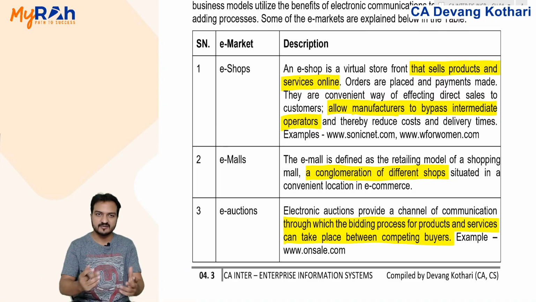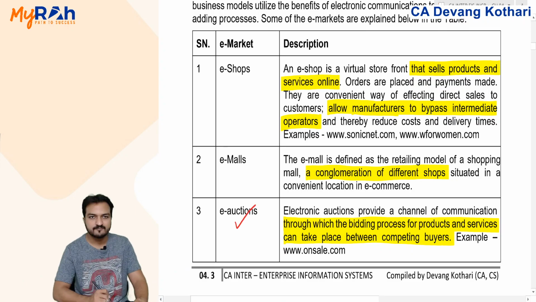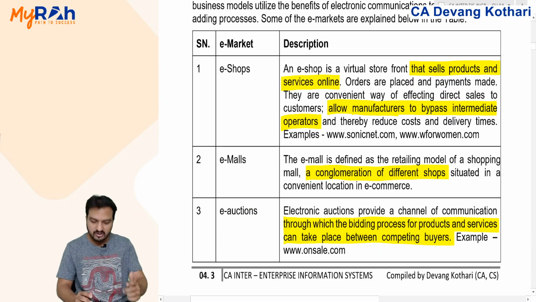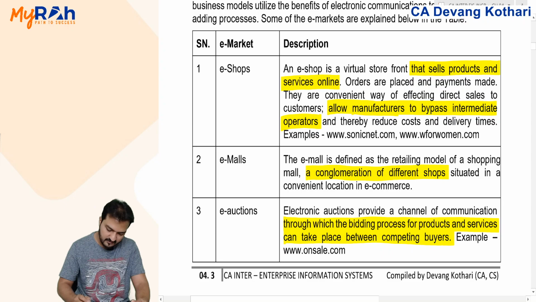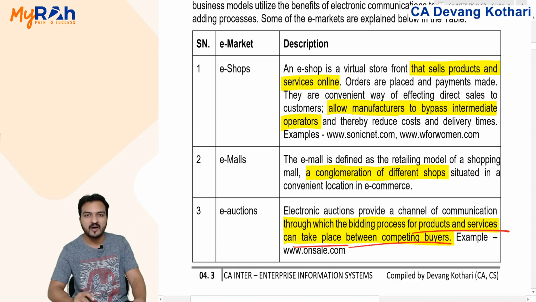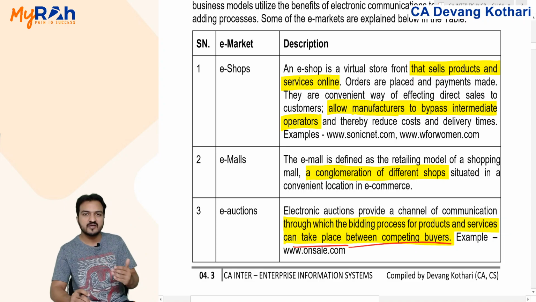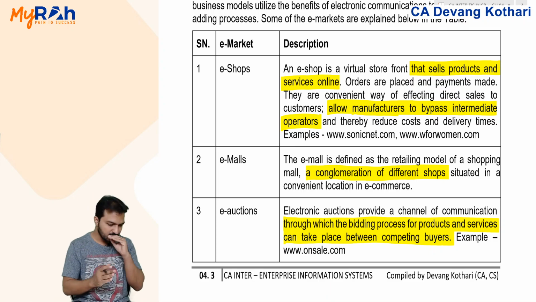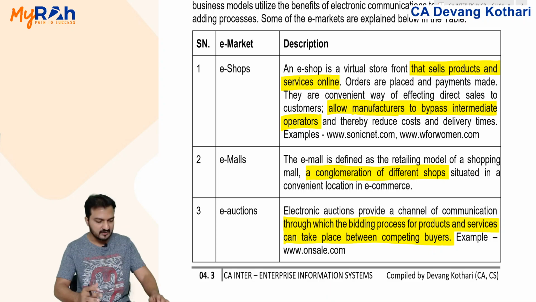E-auction. Now e-auction is basically an auctioning website, where e-auction, electronic auction, provides a channel of communication through which bidding process for products and services can take place between competing buyers. Buyers will compete directly online. So it is like an auctioning service started online.